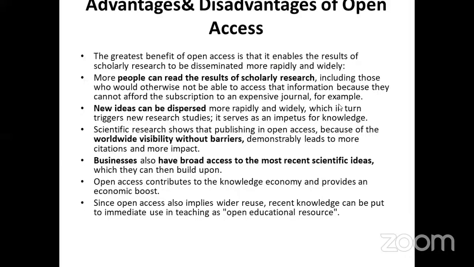They need not worry about the money matter. They can download it anytime, anywhere, 24/7. It was available without any barrier. Throughout the world, you can access it. And anyhow, this open access has become a globalization in the research fraternity.